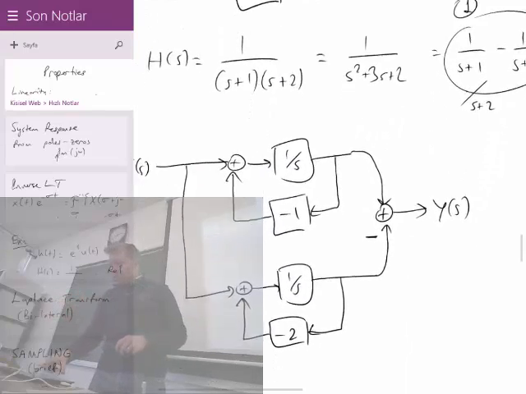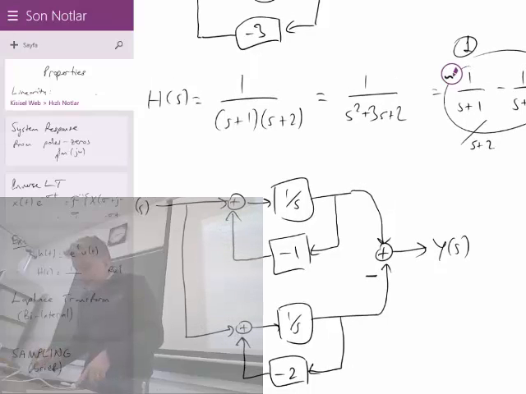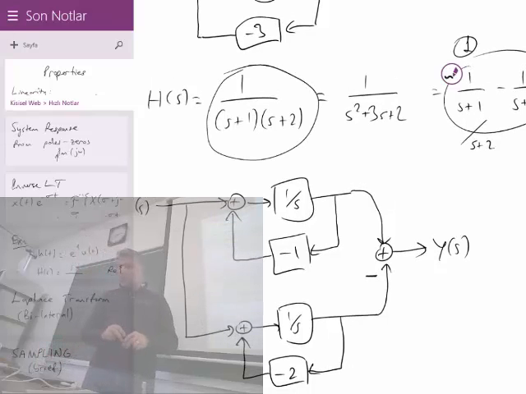So this is the first implementation. Now let's implement it using this one. The first implementation required parallel first-order systems and combining them at the output. This second implementation, let's give it a number 2, this time will consist of cascaded implementations.